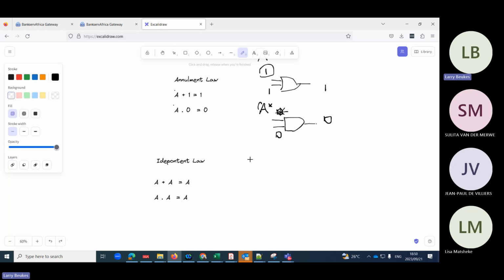So this is how we can prove it. In an OR gate, if you have a 1 and a 1, your output will be 1. In an OR gate, if you have a 0 and a 0, the output will be 0.